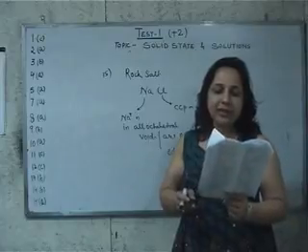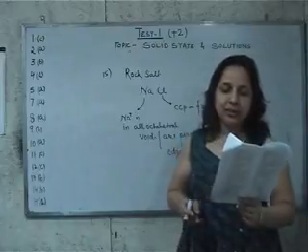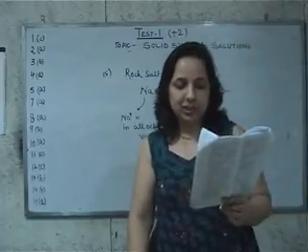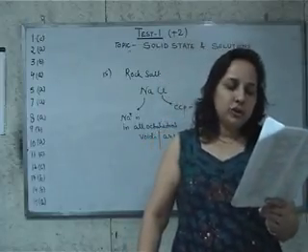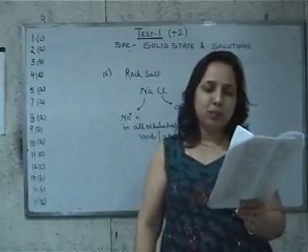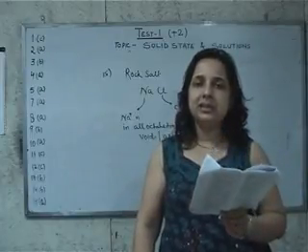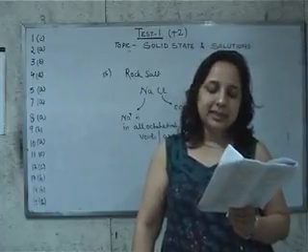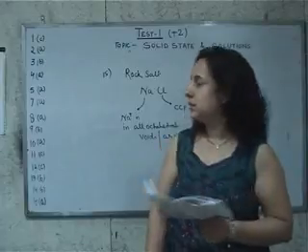Now we have the 16th question. Again, it's a discussion about the rock salt structure. Option A, tetrahedral sites are smaller than octahedral sites. It's very much correct. Octahedral sites are occupied by anions.